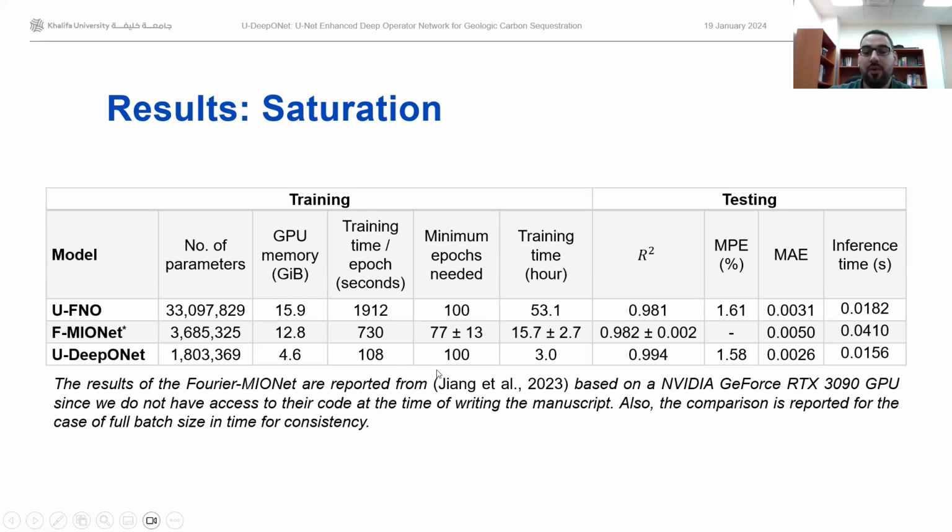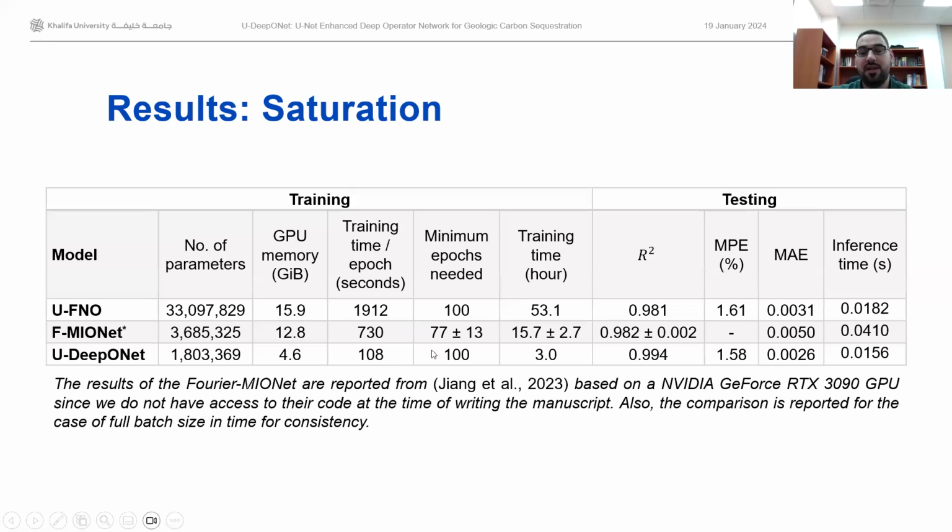When comparing, we use NVIDIA V100 for both the UFNO and the U-DeepONet. For the Fourier MIONet, we don't have access to their code. They report this number using an NVIDIA GeForce RTX 3090. And as you may know, this GPU has about twice the tensor cores as the V100.